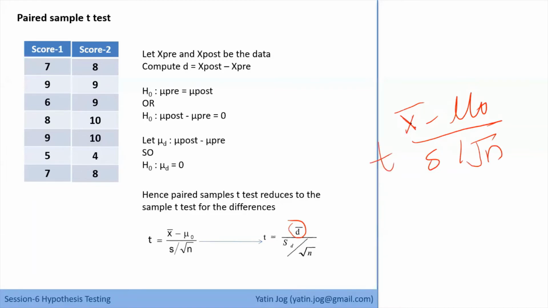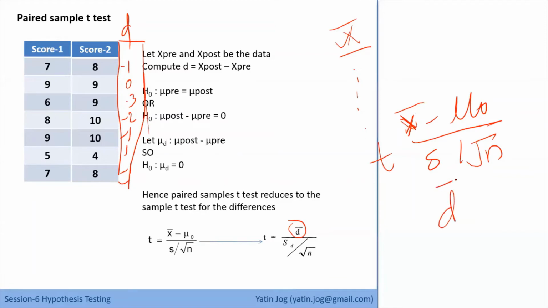Now this x bar is because I'm calculating one column of x with values of x, and then I'm calculating the average, so I'm calling it x bar. Because my column has the heading D with values -1, 0, -3, -2, -1, 1, and -1. So if I calculate the average of this column with the heading of D, I'll call it D bar.